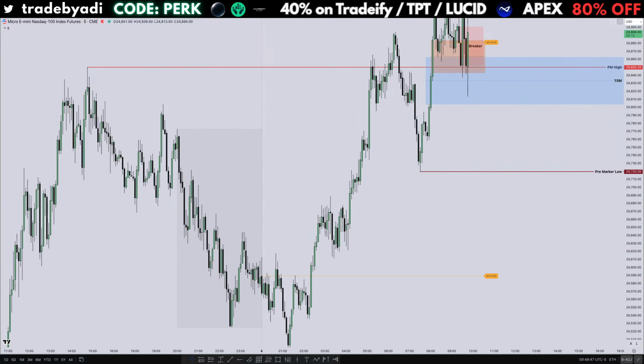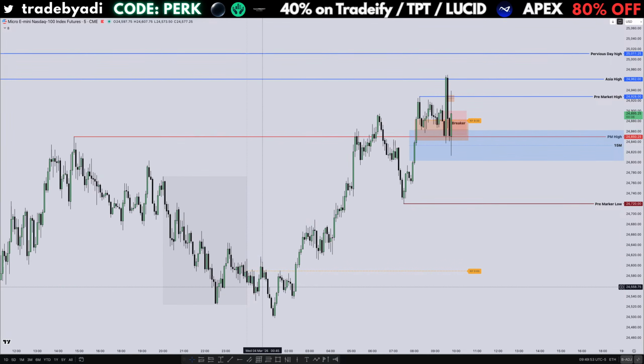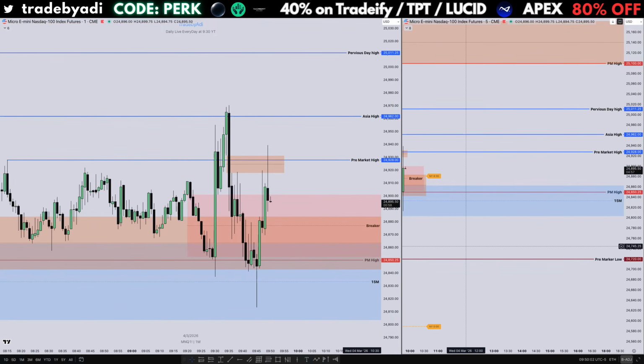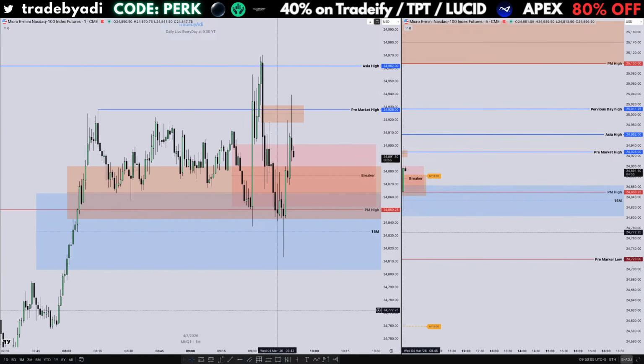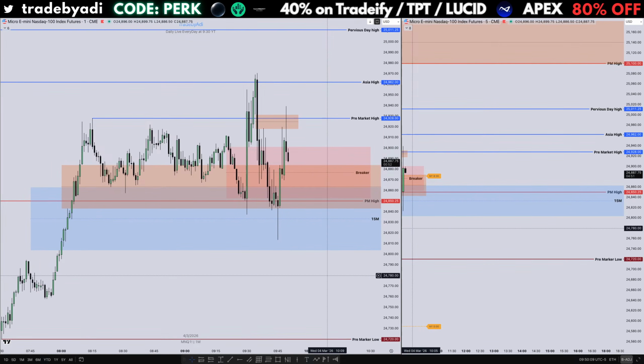This week I'm really struggling with trades because we have a big range in the overnight session, and I'm getting messed up after the post AM session. Price is going back and forth again and again, even though my draw on liquidity is correct.